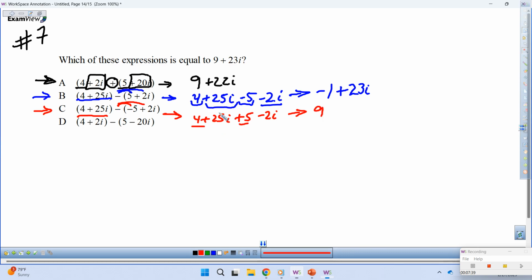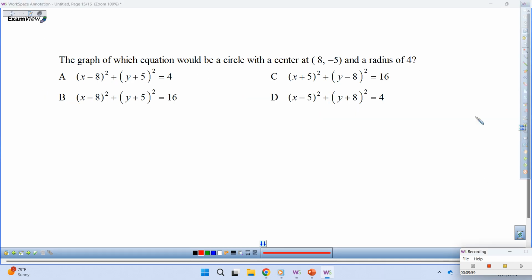That's 9. 25i and minus 2i, that's positive 23i. And that looks like that's our answer. So the correct answer for this one is C. Once again, pause the video if you need to pause it. Make sure you have that down. Let's move on to number 8.